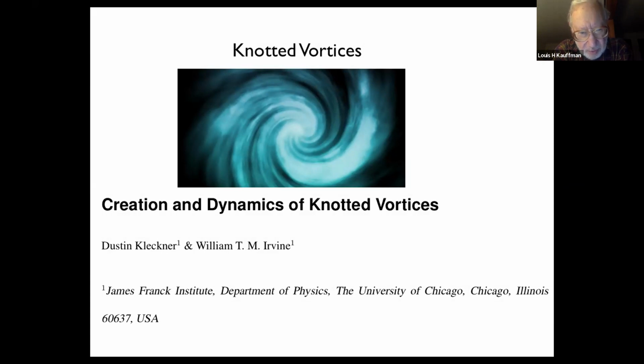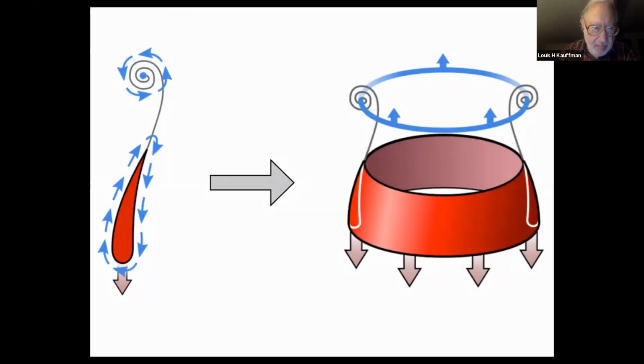But it wasn't actually until 2012, when Kleckner and Irvine did their work and published this paper, that people actually produced knotted vortices in fluids that you could see. They did it by a constructive process. You can produce an unknotted vortex by creating a template like the one I'm showing you on this slide, which is obtained by rotating this teardrop form around in a circle.